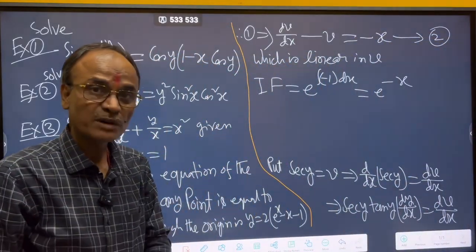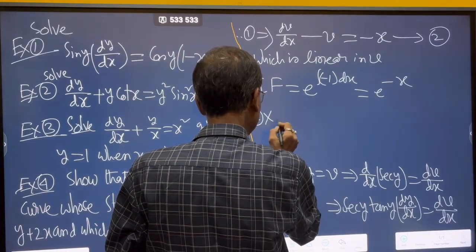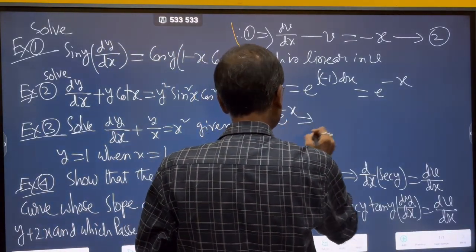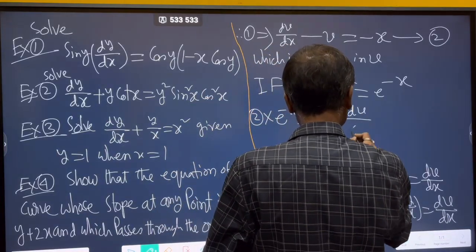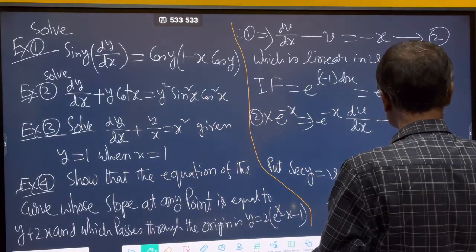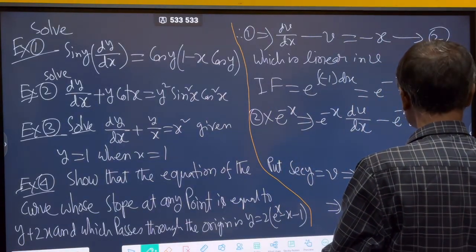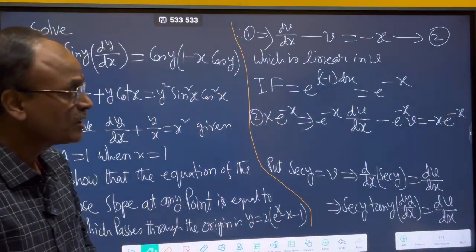The integrating factor is e to the power minus x. Now multiply equation 2 by the integrating factor. Then you will get e to the power minus x dv by dx minus e to the power minus x into v equal to minus x e to the power minus x.